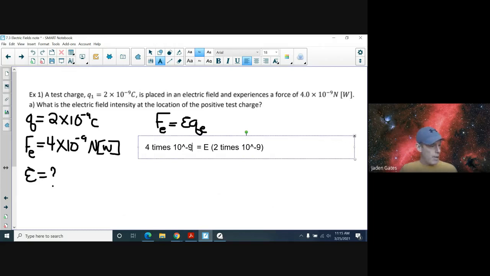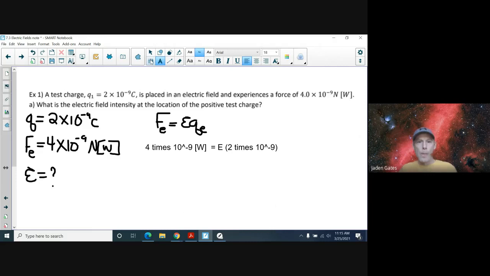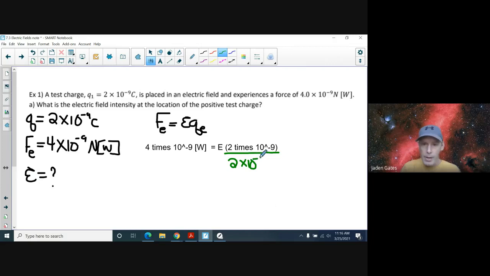Whoa, I missed something here. I missed direction. Can't do that. I don't want to lose marks. Here we go, west. So I'm going to divide both sides because I want to get epsilon by itself. I'm going to divide both sides by 2 times 10 to the power of negative 9.